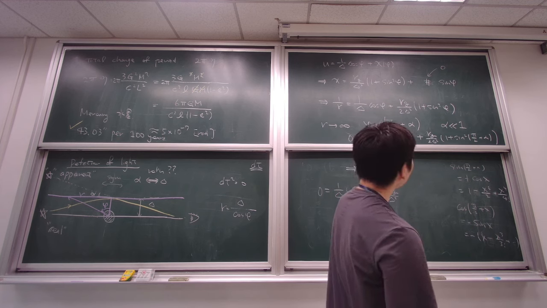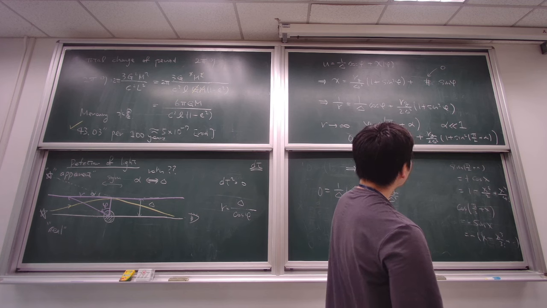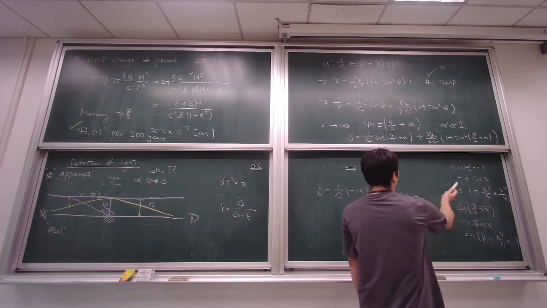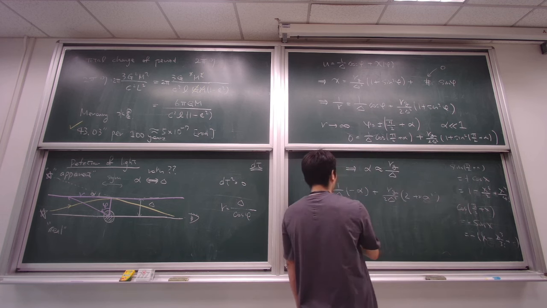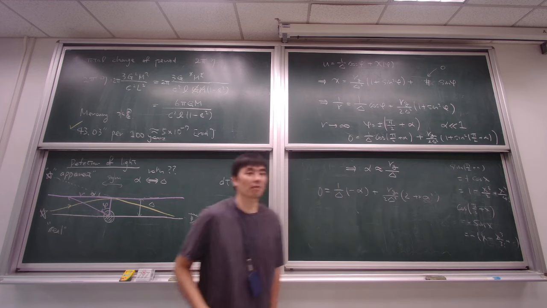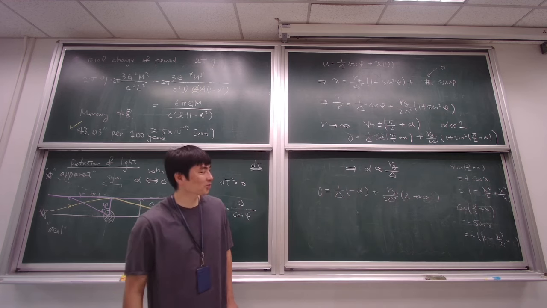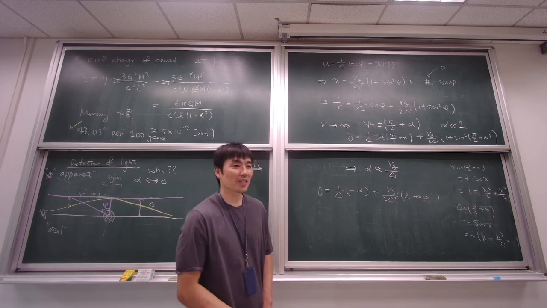And then here you have a 2 plus whatever alpha square some number, but if we ignore this one, the 2 cancels, and you get this one. Okay, fine. Is everything okay? Is my calculation okay? I hope you understand.